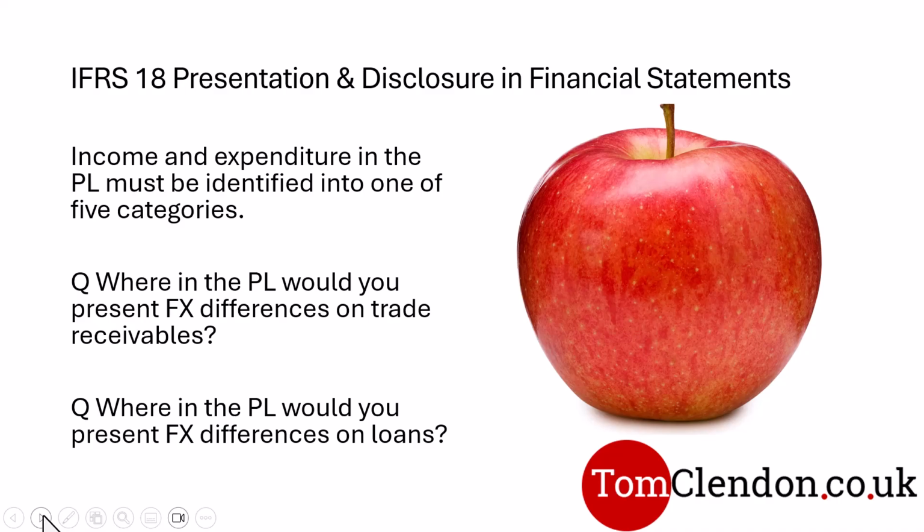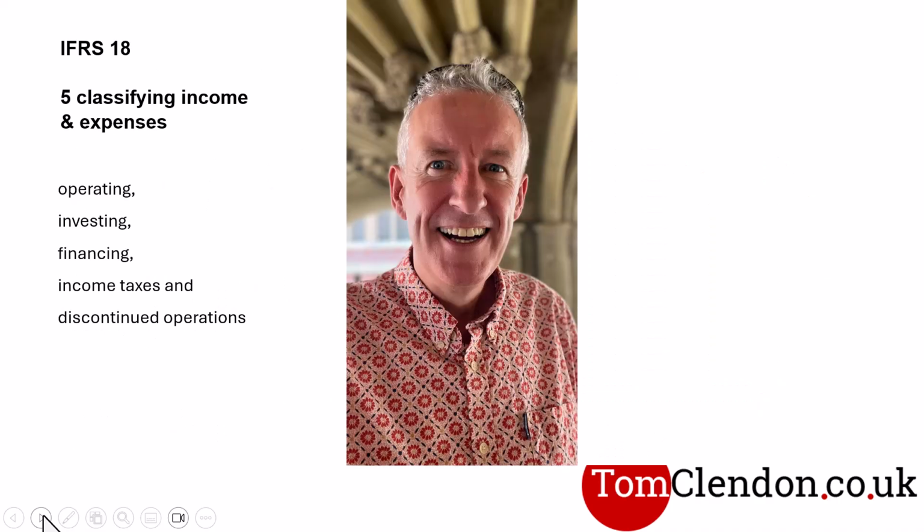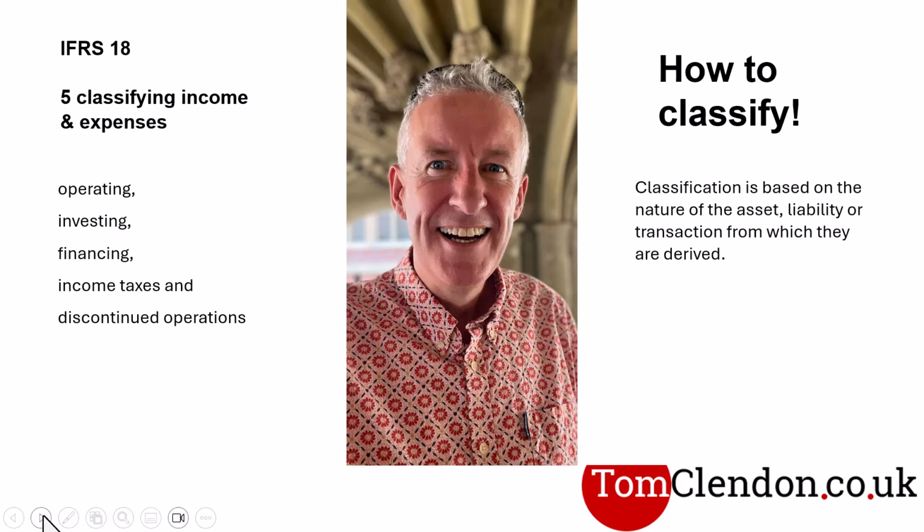And this short presentation is going to enable you to answer those questions. So first of all, we need to be aware of what those 5 classifications are. Operating, investing, financing, income tax, and discontinued operations. Those are the 5. But how we arrive at classifying the income and expenditure under one of those 5 umbrellas, under one of those 5 buckets, depends on the nature of the asset or liability or transaction from which they are derived.